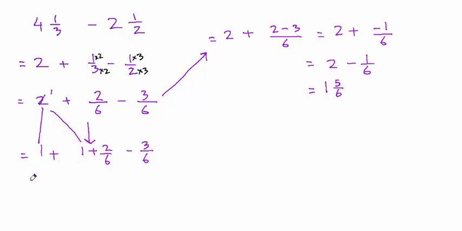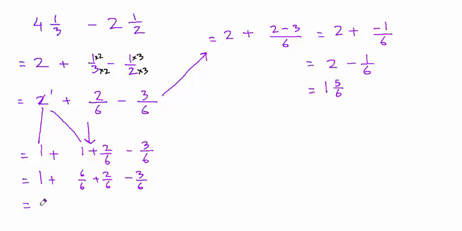Rewrite this 1. This 1 stays the same, 1 plus. Now to add 1 with 2/6, rewrite the 1 as 6 over 6. A number over itself is always 1. Plus 2/6 minus 3/6. Now all these three are on the same denominator. And if you add and subtract them, it will no longer give you a negative answer as here.